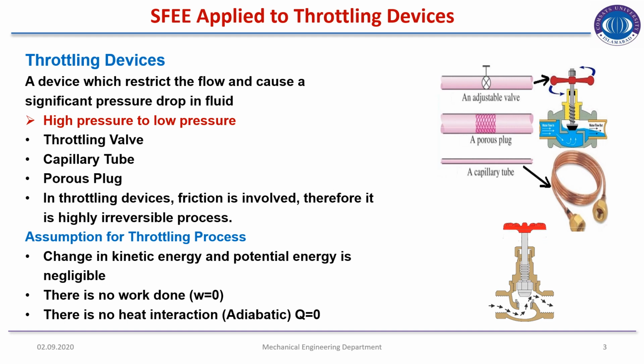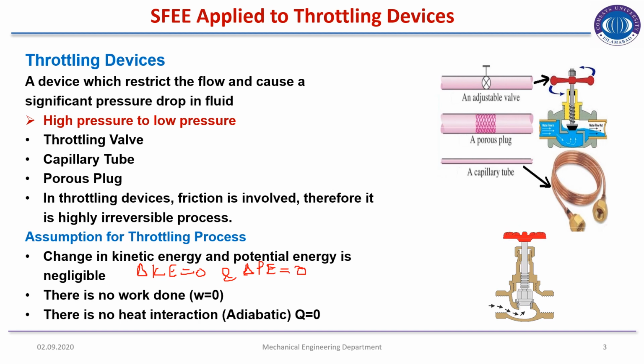as we know, the steady flow energy equation contains a kinetic energy term and a potential energy component, no? So the kinetic energy change, delta KE, is equal to 0 and delta PE is also equal to 0.